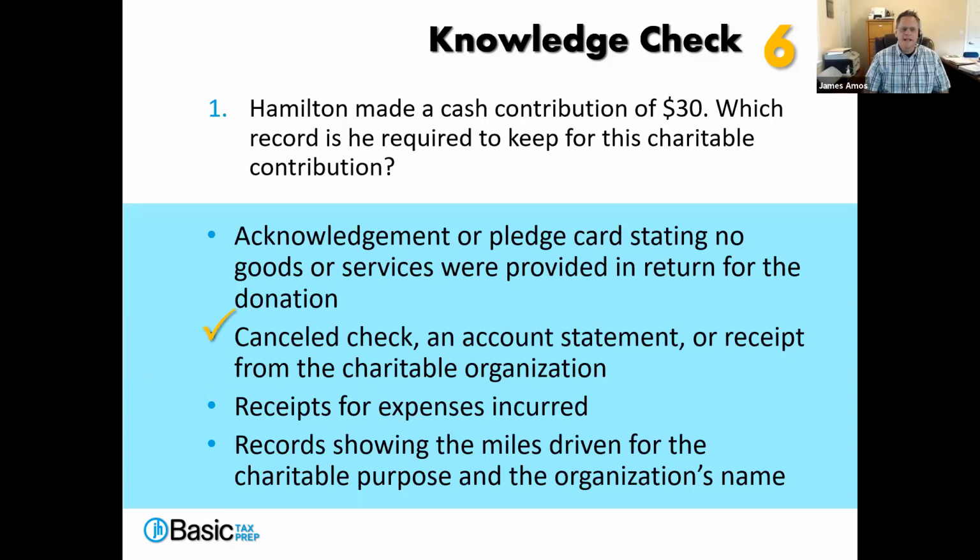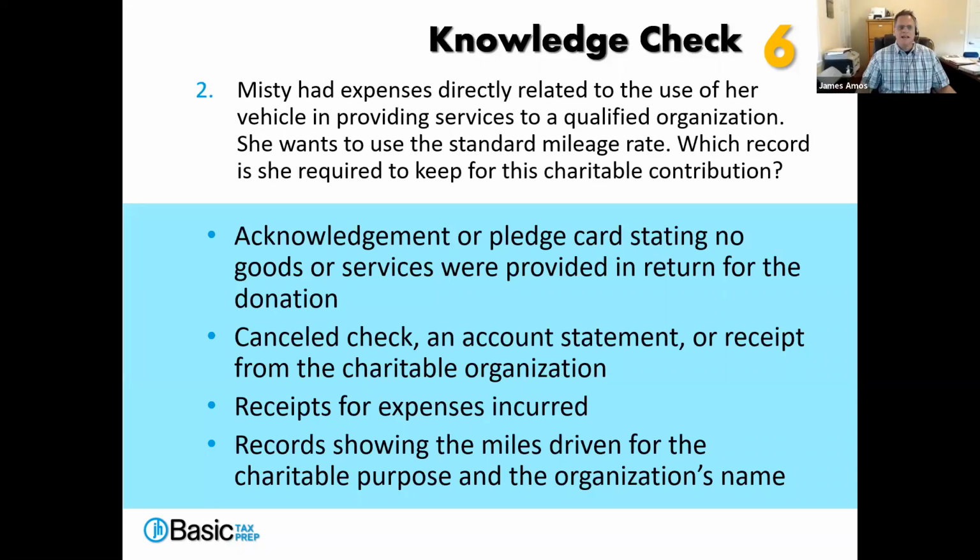Yeah, you want a canceled check and/or account statement. Remember, that's a basic requirement for a cash donation. You've got to have some type of account statement or receipt from the organization. If it's under how much will this suffice? $250. That's right.